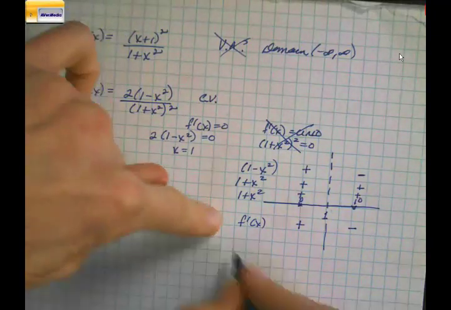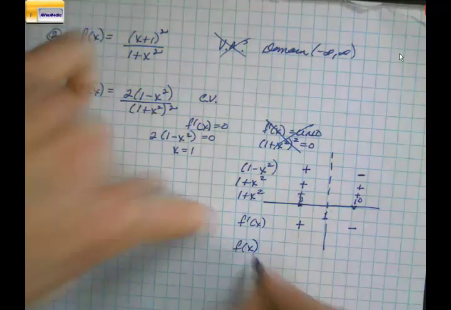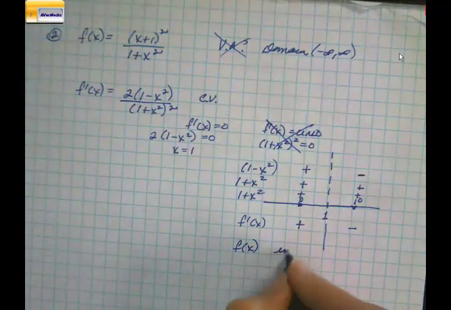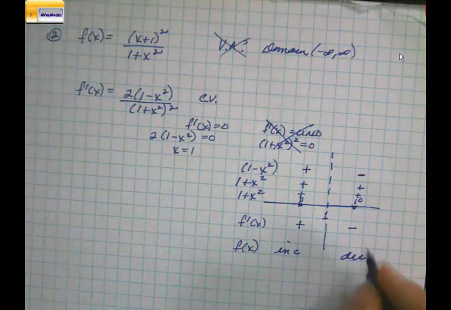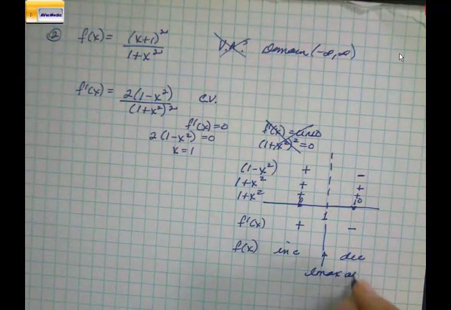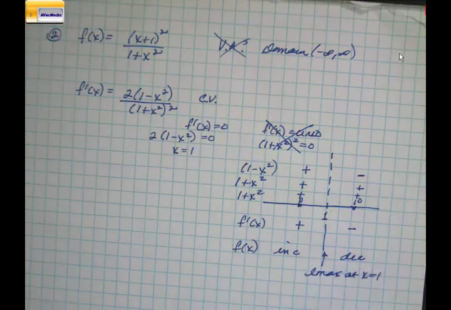So that's the sign of the first derivative. Therefore the original function is going to be increasing and then decreasing. So at 1, since 1 is not a vertical asymptote, this is going to be a local max. We agree?